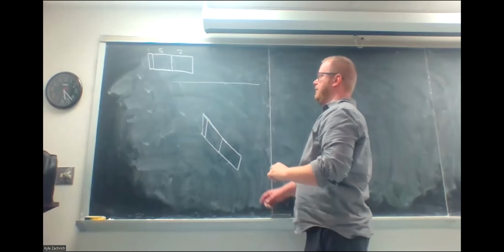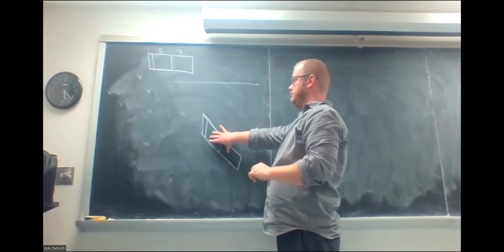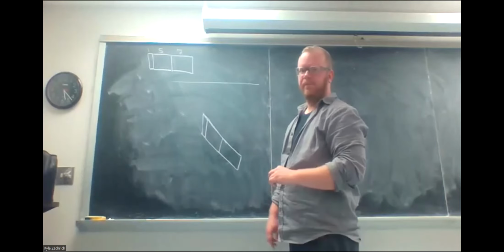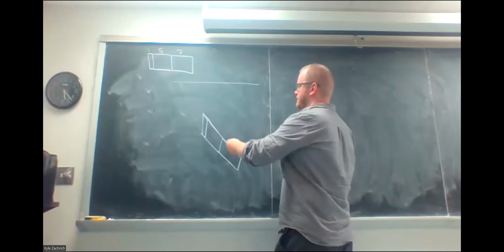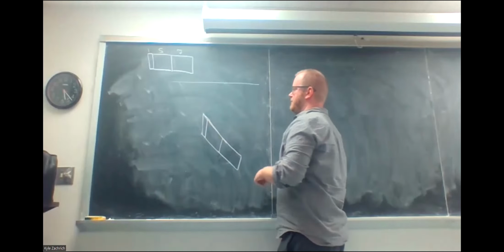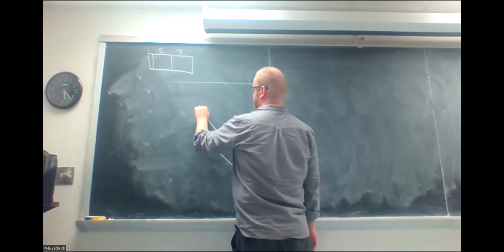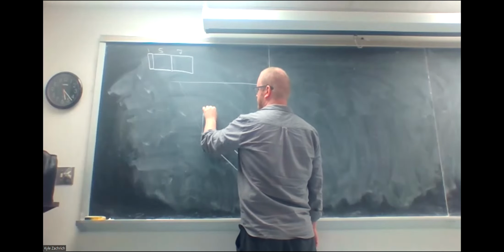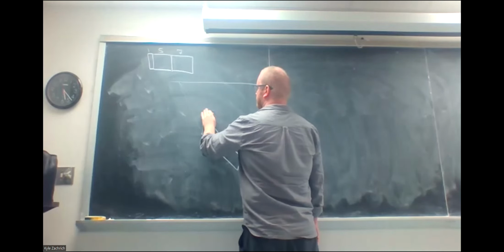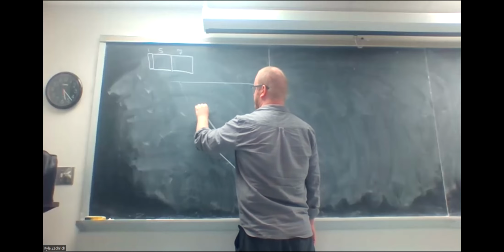And we need to figure out how long these should be, like what these measurements up top here should be. And let's say this one is, let's call this 1.5.